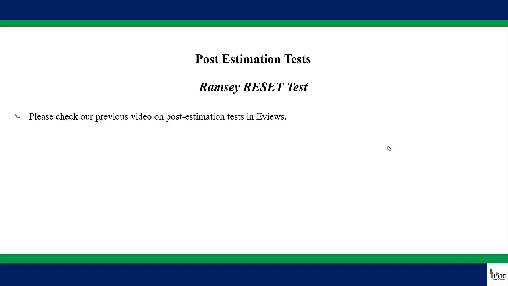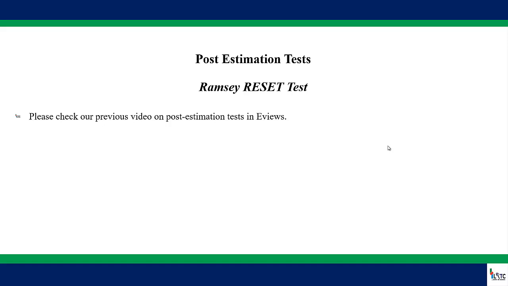Now, once you have your OLS results, you also need to check whether the result is reliable, whether the estimates are efficient, and whether those results are valid, that is, in line with the post-estimation tests.